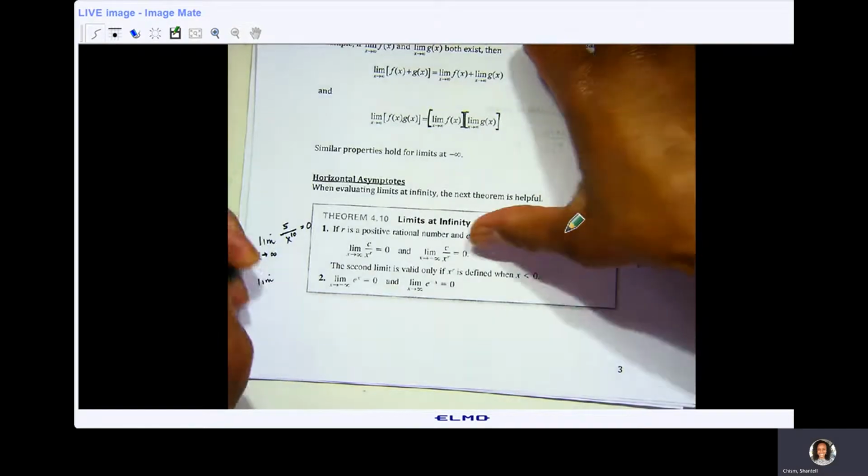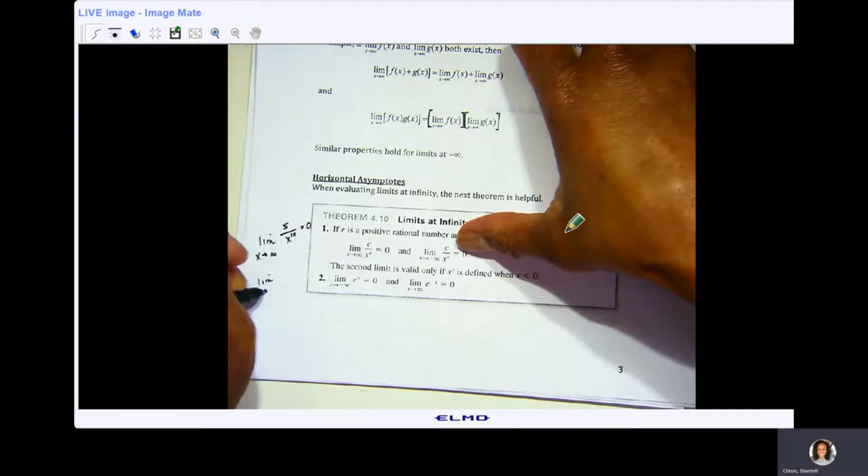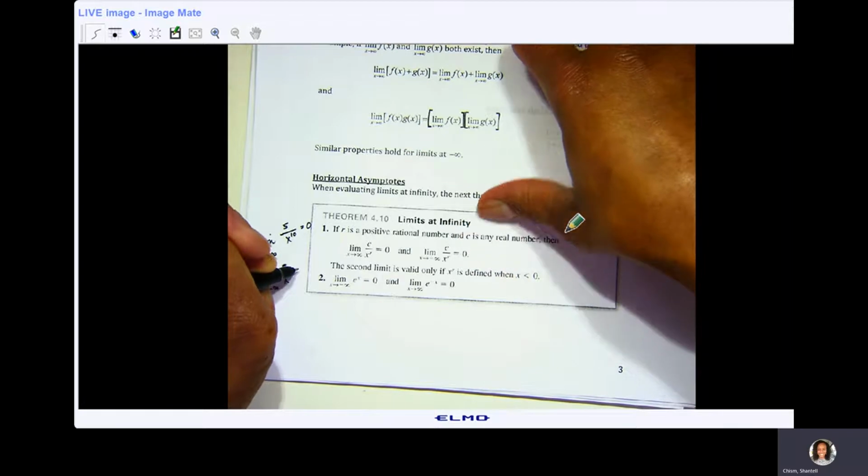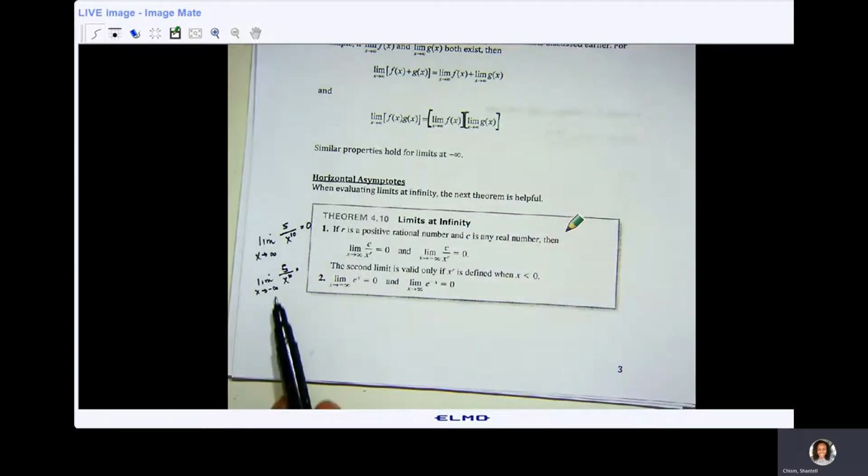Even if you are dealing with negative infinity, still got some constant, let's say 5 over x to the 10th power. Again, plugging in infinity and raising it to some power makes that number get bigger. And again, you're dividing a small number by a much larger number.